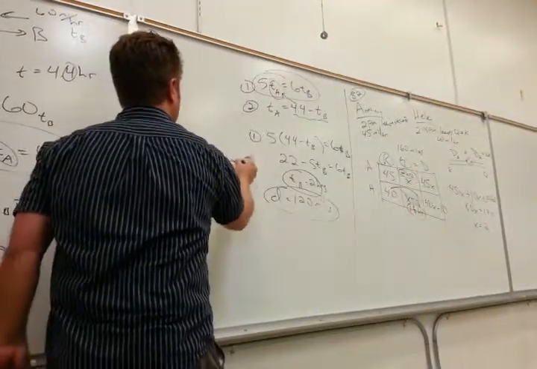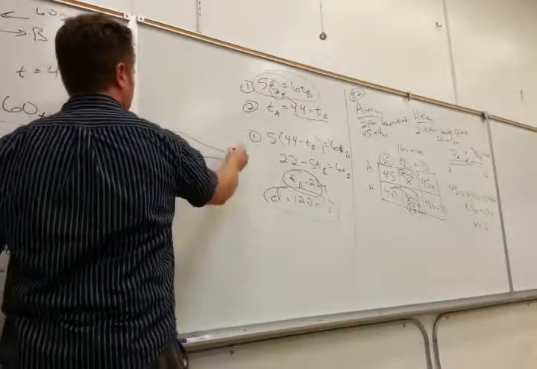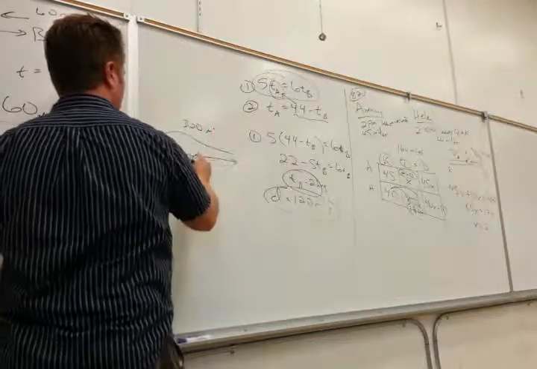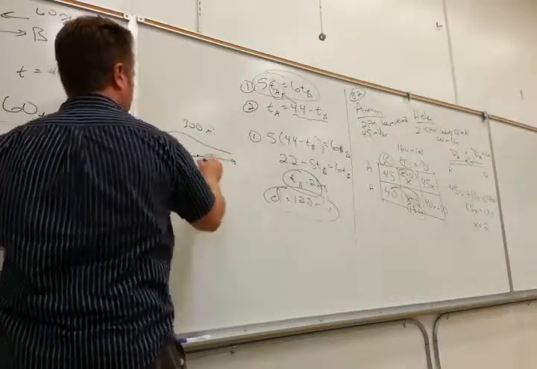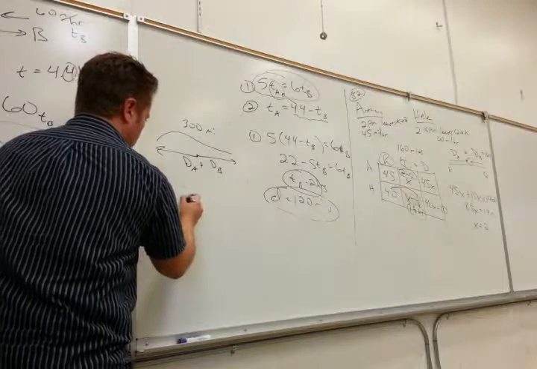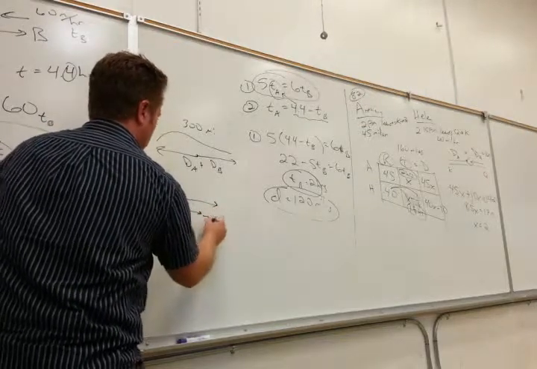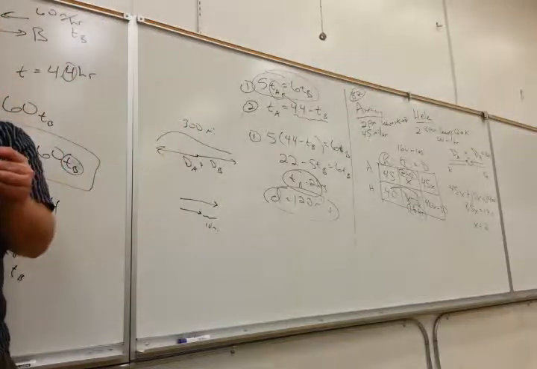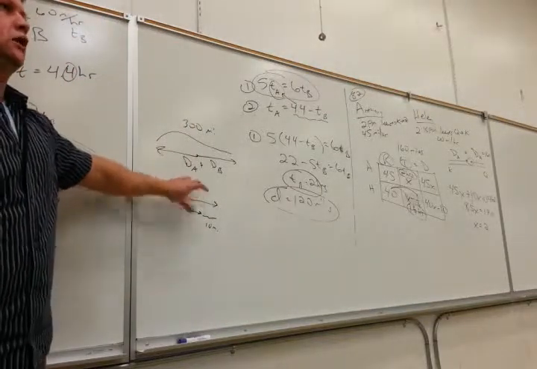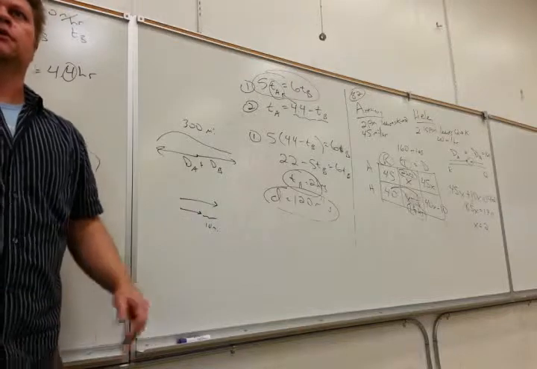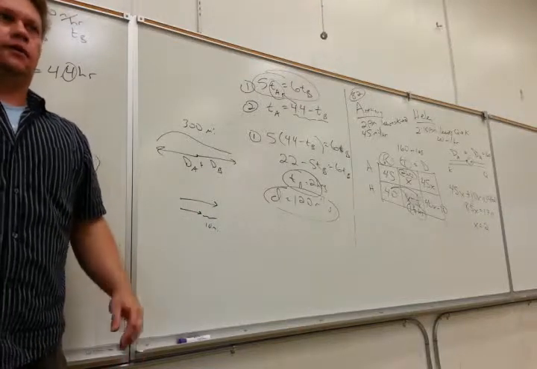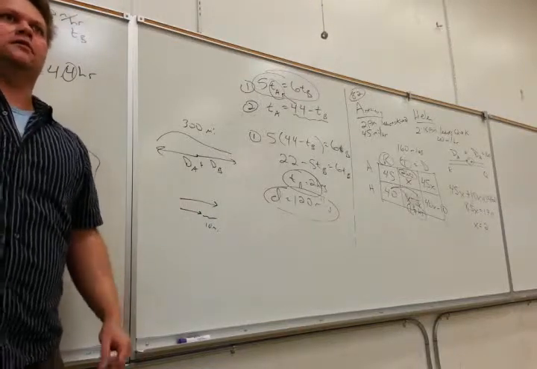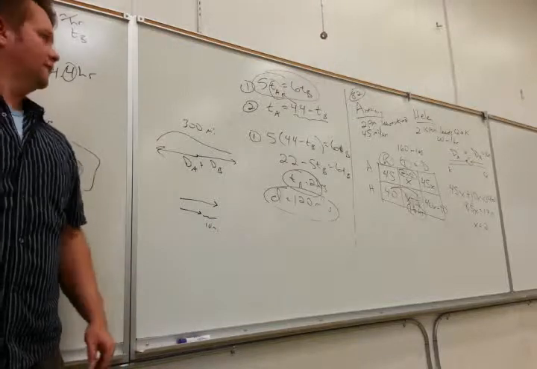Visual always helps. If they're both going apart, how long until they're 300 miles apart? That's where you would add the distances. If they go in the same direction, how long until they're 10 miles apart? That's when you would subtract the two distances. A quick rough sketch of the situation really helps you think about what's going on. You don't actually have to get out in cars and go.